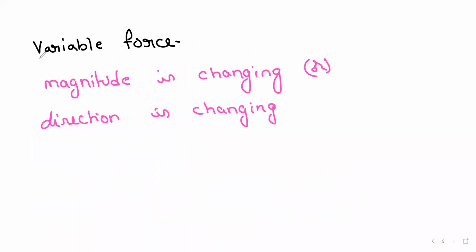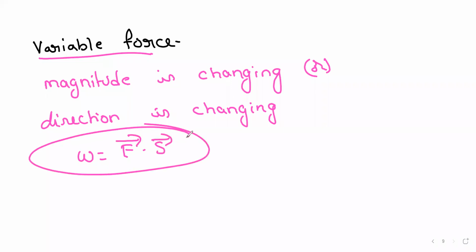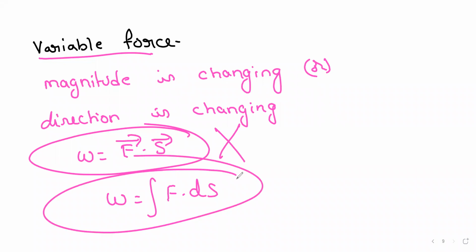Then variable force means either magnitude of force F is changing or direction of force F is changing. In that case, we cannot use work done is equal to F dot S. We have to use work done is equal to integral F dot ds, which we didn't discuss.